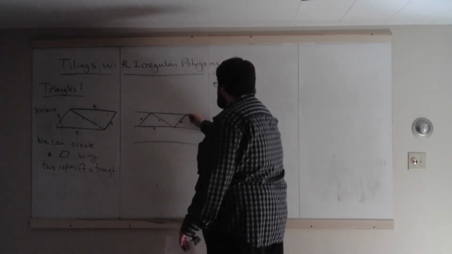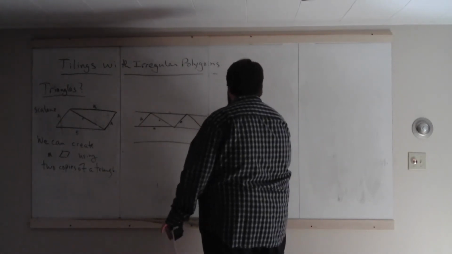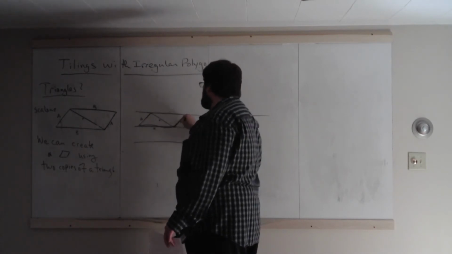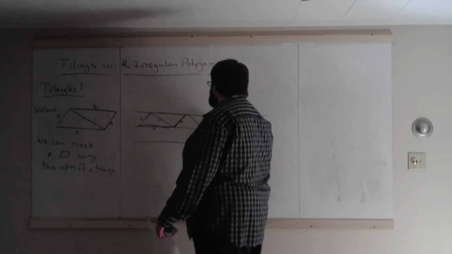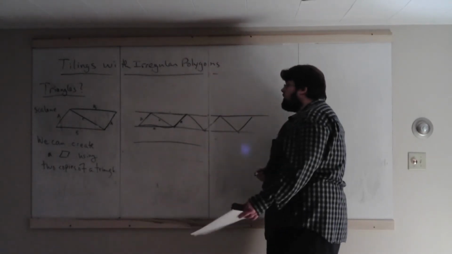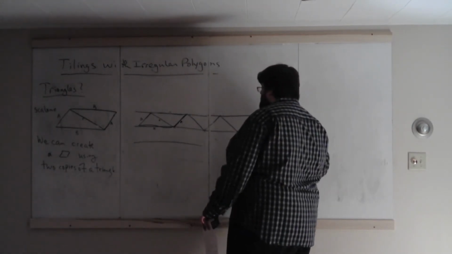And then you can keep going on. So right here we have a parallelogram. Well, and then we're going to just keep making the same parallelogram, and we'll divide the parallelogram in half like that to make our original scalene triangle, and so on.